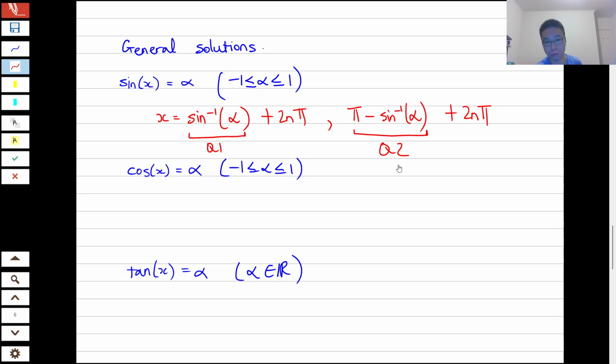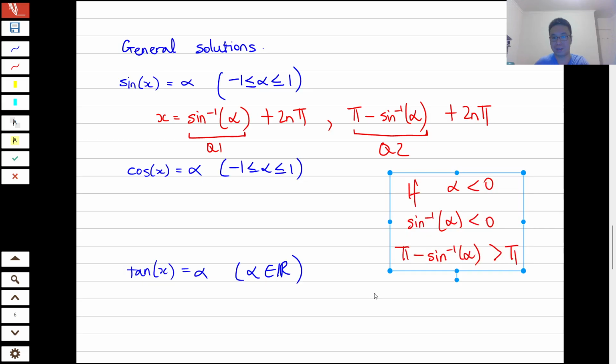Now, if alpha was in the fourth quadrant, if I did pi minus some angle which was in the fourth quadrant, I would actually be adding. Because if alpha is less than 0, then inverse sine of alpha is less than 0. So pi minus inverse sine of alpha is greater than pi, placing me back in the third quadrant, which gives me a negative solution.